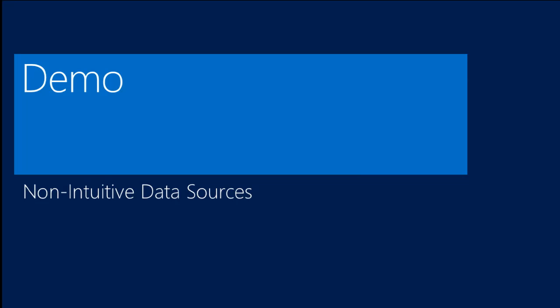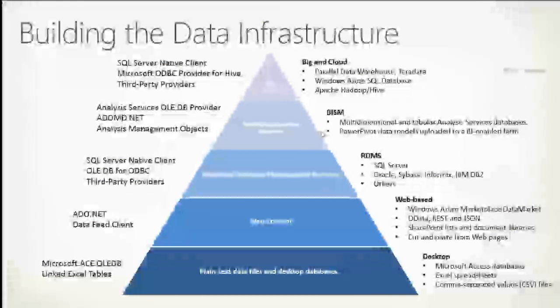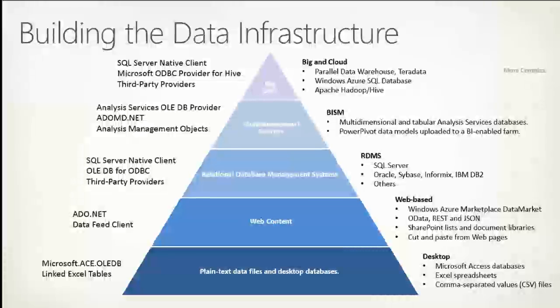Another one are reporting services reports. You can expose them as data feeds and consume them. Another possibility is you just create a bunch of Power Pivot workbooks, publish them in SharePoint. Those can also serve as data sources for other analysis. The possibilities are very wide there. And those are the elements that you can use to piece together a data infrastructure that is intuitive for your users.